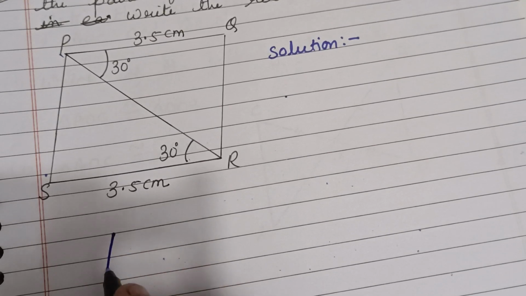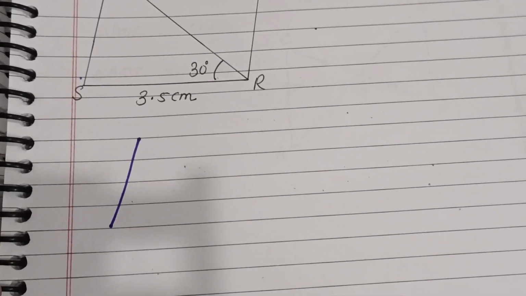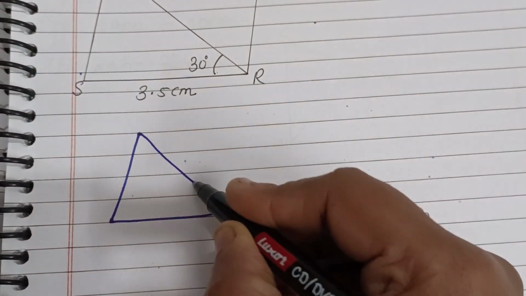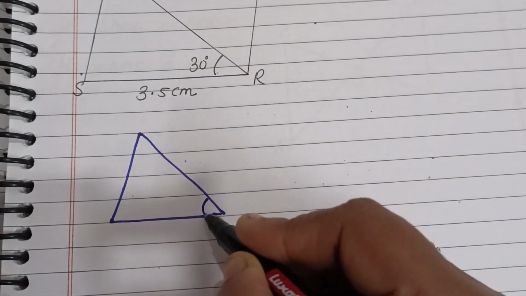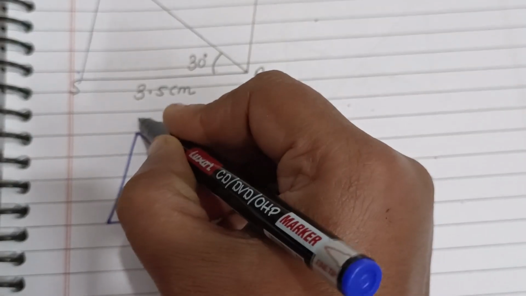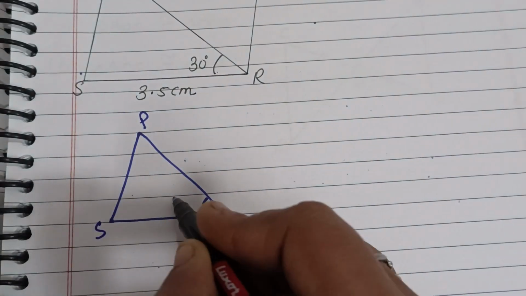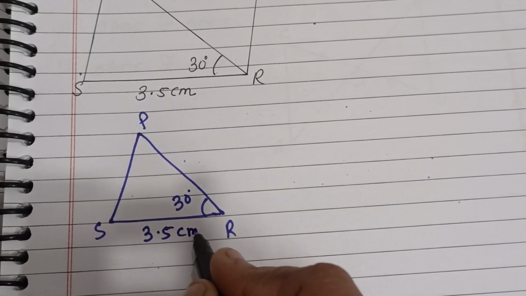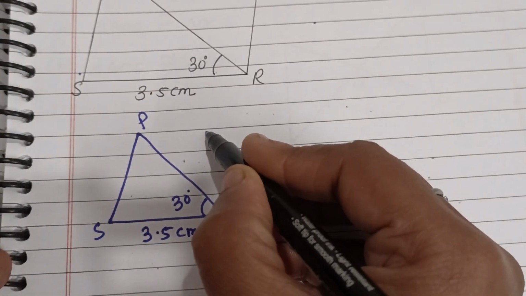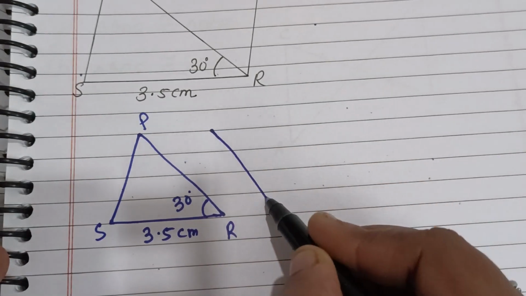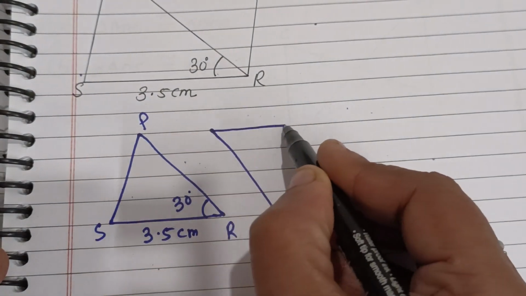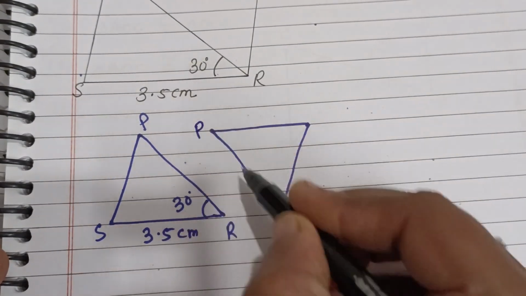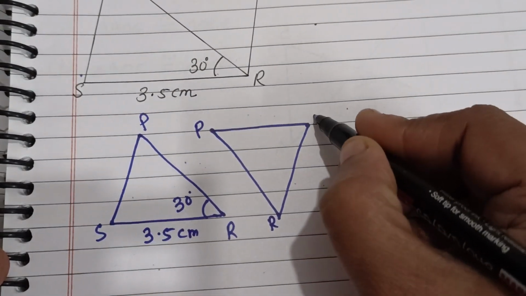The first triangle will be PSR, while the other triangle will be in this format. It will be PRQ.